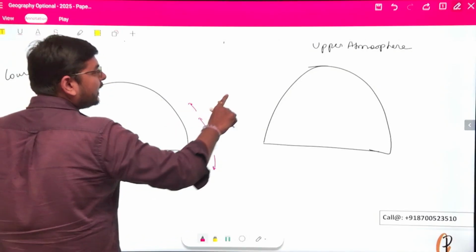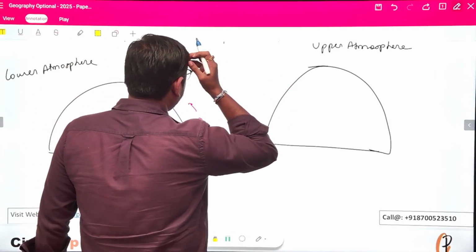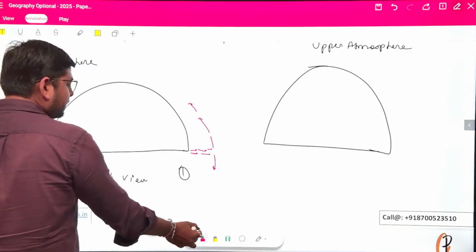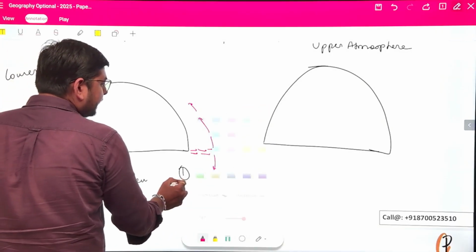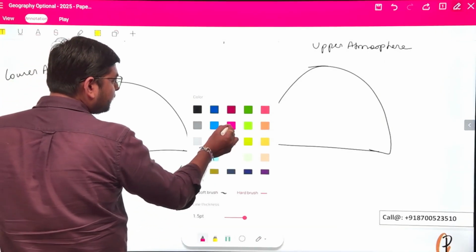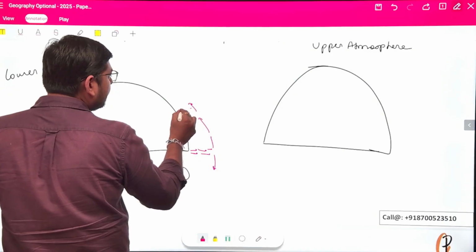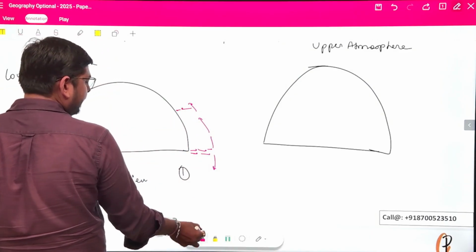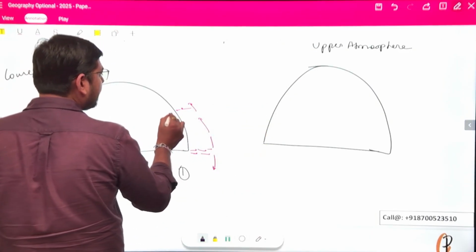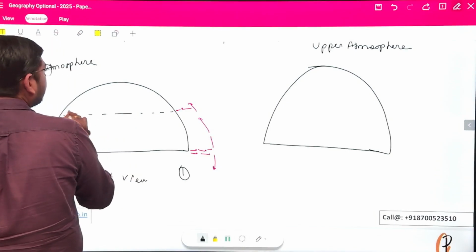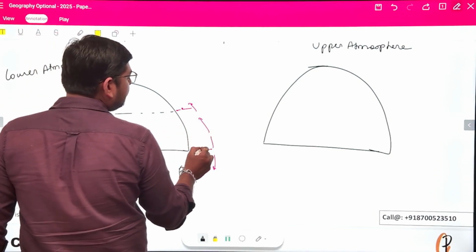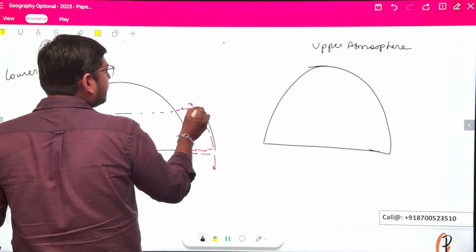So here we see the development of the first cell, the Hadley cell, near 30 degrees of latitude, where they subside.